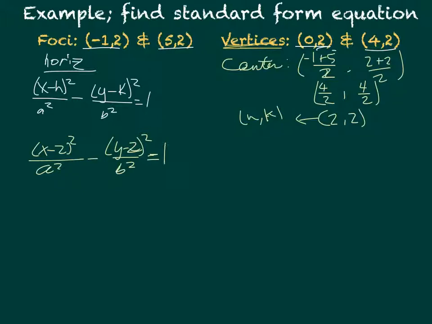So I need to find the distance from the center point to one of those vertices. So that would be h plus or minus my a, comma k. That's my vertex point. So that would be this one right here. So h is 2 plus a, and my k is 2. So 2 plus a, well, I don't know what a is, but I know that that whole thing equals 4.